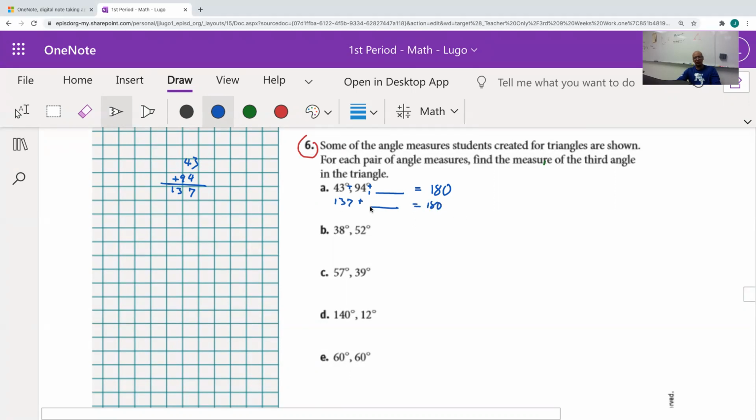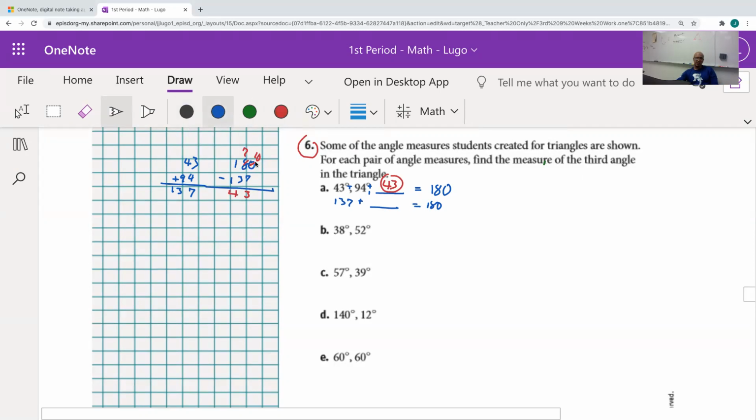Well, if 137 plus something is 180, then 180 minus 137 will give me that something. So let's do 180 minus 137. When I subtract that, I see that that gives me 43. That means that my missing angle is 43, and that is the answer to number 6A. 43 plus 94 plus 43 is equal to 180. That's the only angle that it could be.